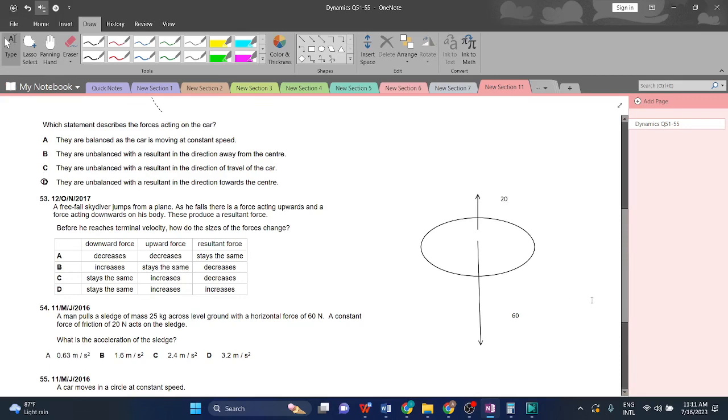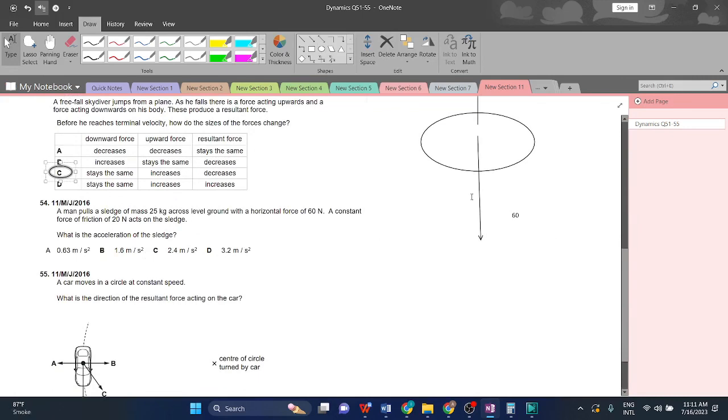So there would be a lot of resultant force because 60 minus 20 is 40. 40 that would be resultant force. But जैसे जैसे टाइम गुजरता जाता है एयर रेजिस्टेंस ज्यादा होती जाती है, देन फॉर एग्जांपल ये 50 हो जाता है एयर रेजिस्टेंस, सो अब रिजल्टेंट फोर्स सिर्फ 10 बचेगा, सो रिजल्टेंट फोर्स decreases. C is the right answer.